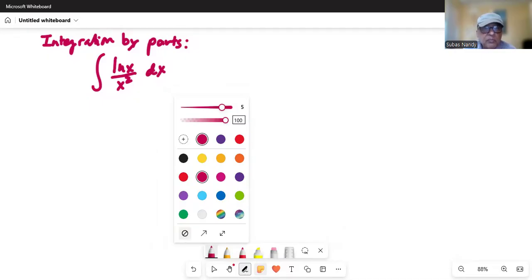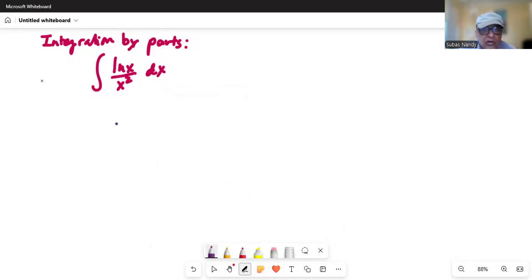The problem says integration by parts, and they're given an expression: integrate ln of x divided by x squared dx. So let me change the color of the ink and let's get started. Integration by parts. Let me write the main formula.